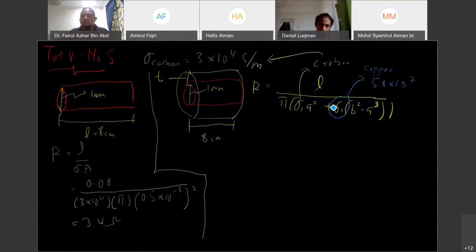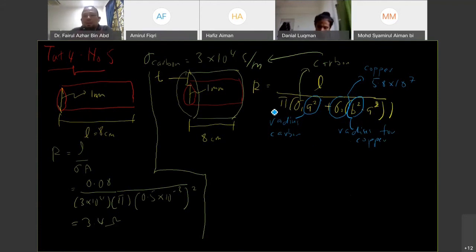A is the radius for carbon, and B is the radius for copper. Basically, we need to find this radius first.